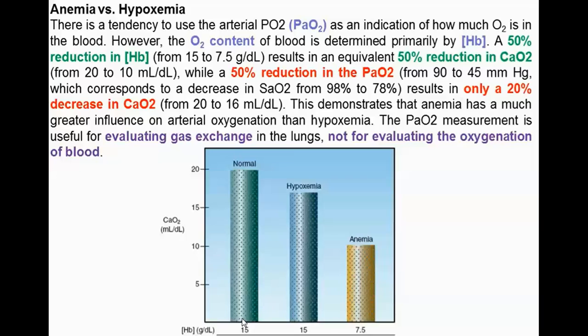1.34 times hemoglobin multiplied by saturation. Saturation is 1 because it's 100%. So 1.34 multiplied by 15 equals 20: 1 times 15 is 15 and 0.34 times 15 is 5, so 15 plus 5 is 20. Is it clear?